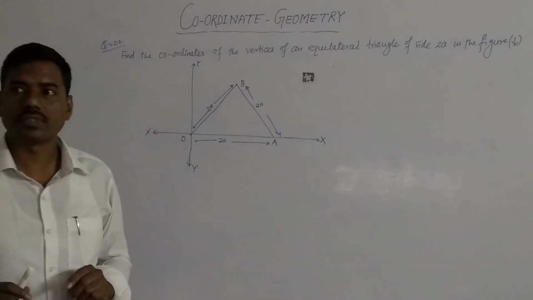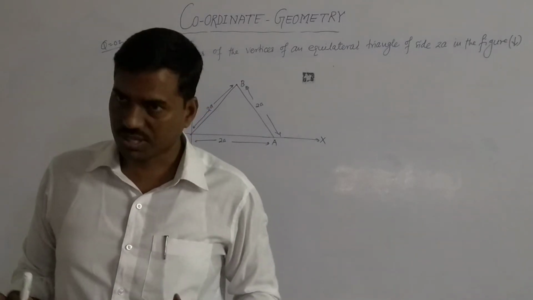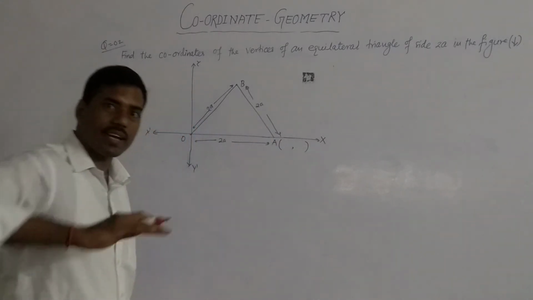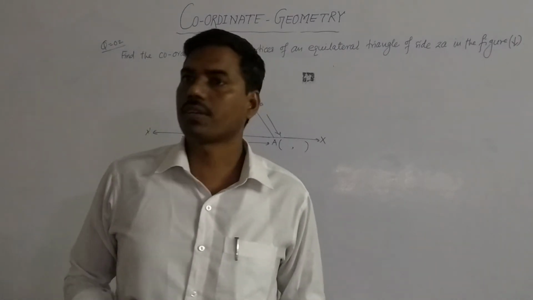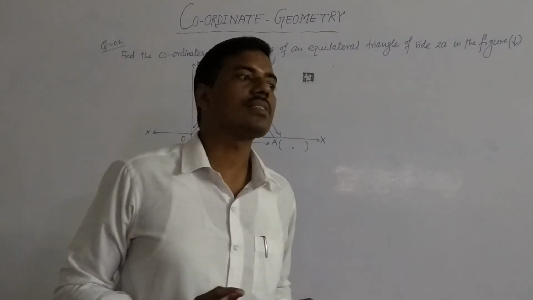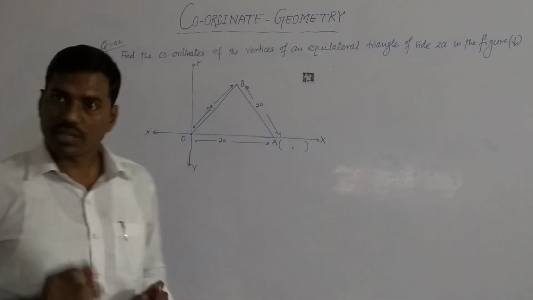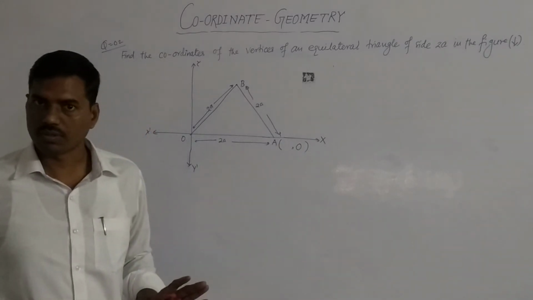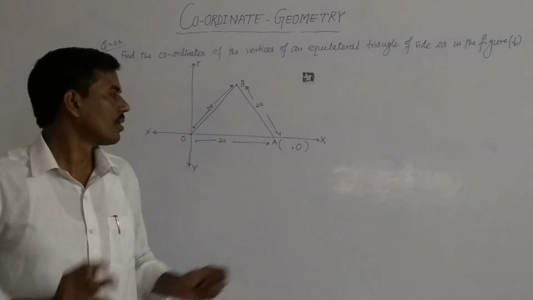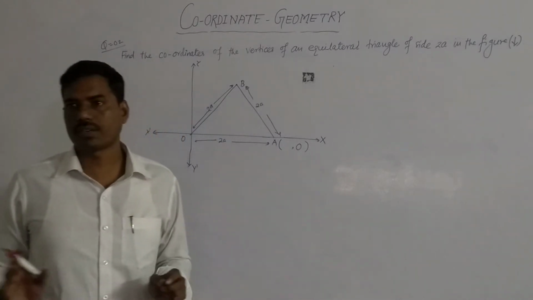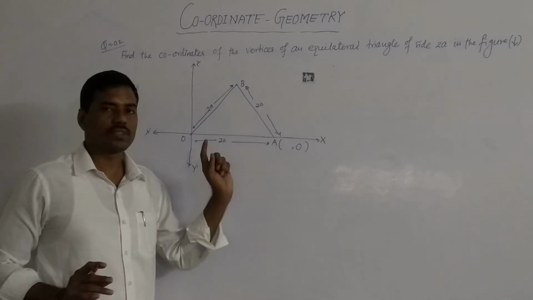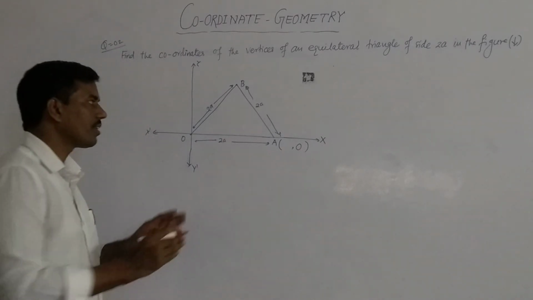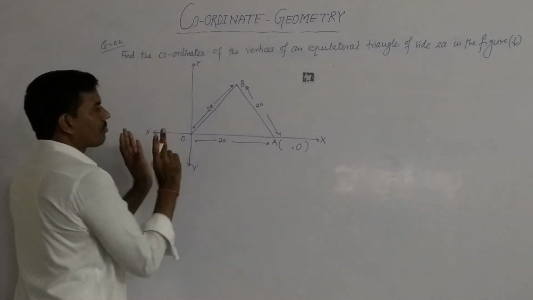Since point A is on the x-axis, we know that each and every point lying on the x-axis has its y coordinate 0. Point A is on the x-axis, so its y coordinate is 0. Now we have to find only the x coordinate. Point A lies on the x-axis at a distance of 2a.